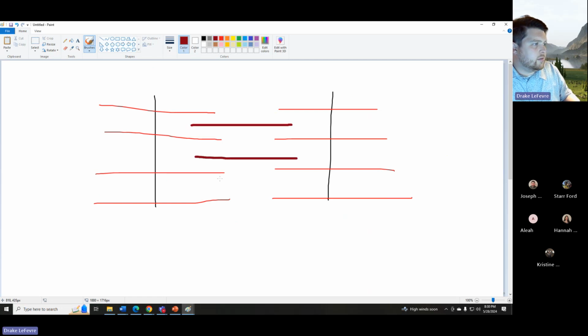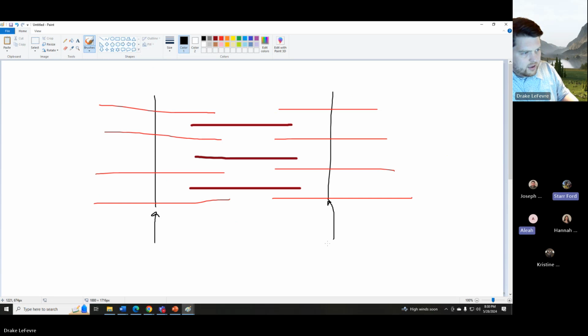Little labeling. What are these lines called right here? The up and down black ones. Z discs. Yeah, or Z disc.